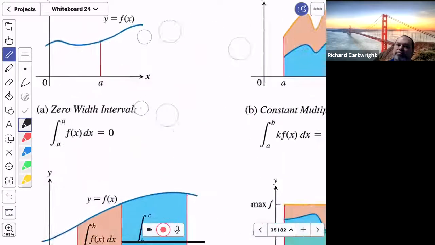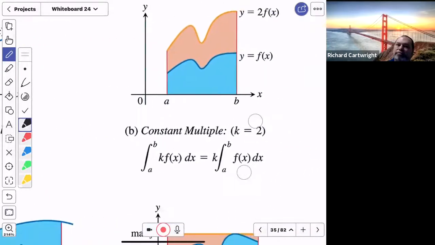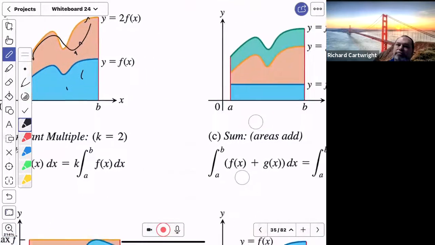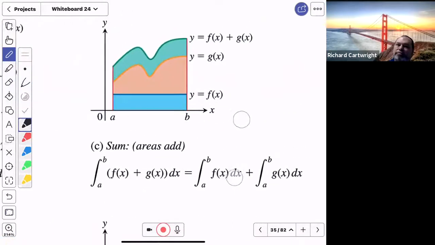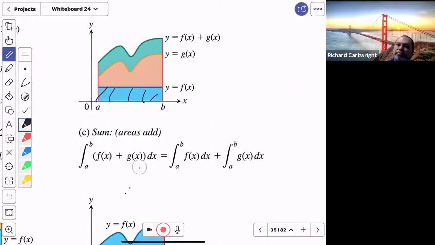Here is your area of a line, 0. Here is your area under one function, meaning this area is less because from a to b that function was always above. Here is the sum of f plus g.